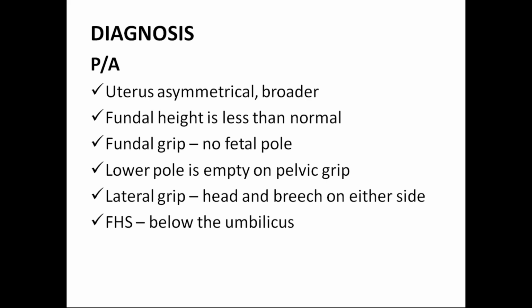Then on the lateral grip, you will find the head on one side and the podalic pole on the other side. It is only the lateral grip which will tell you that this may be a transverse lie with shoulder presentation. The head will be found on one side, and the buttocks will be felt on the other side. Fetal heart sounds may be found at the level of the umbilicus, not below.